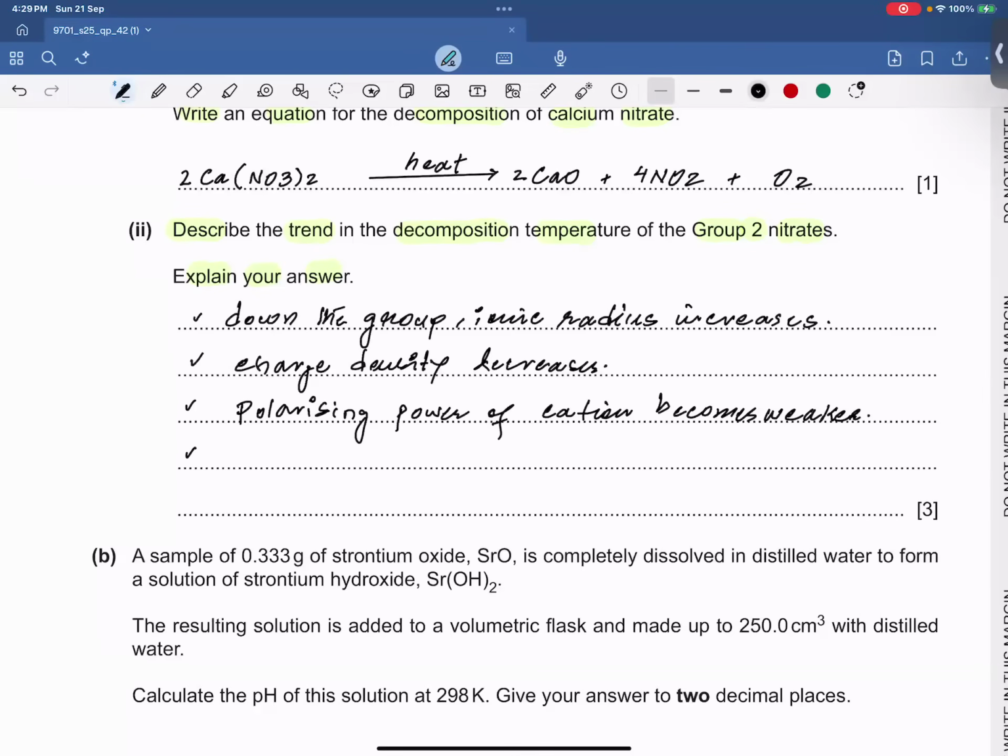That means the cation cannot distort the electrons of the nitrate ion easily. And therefore decomposition temperature increases down the group.